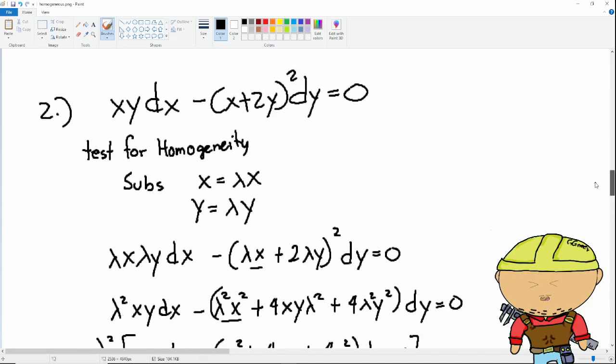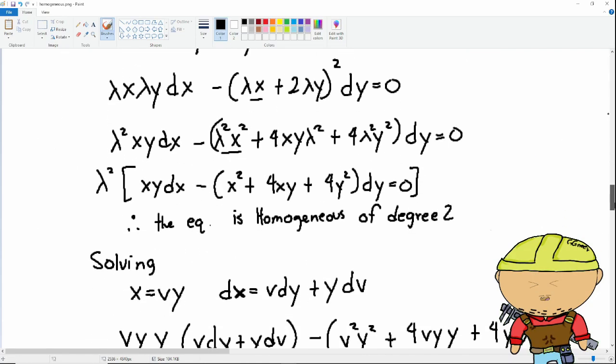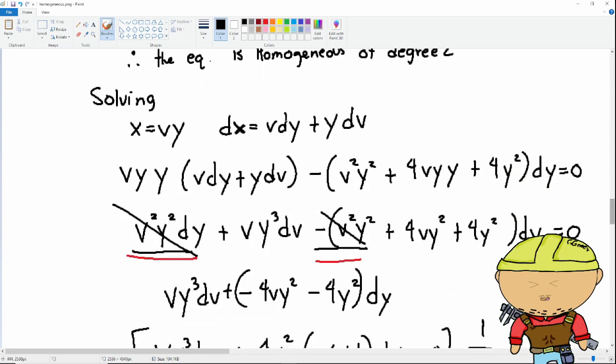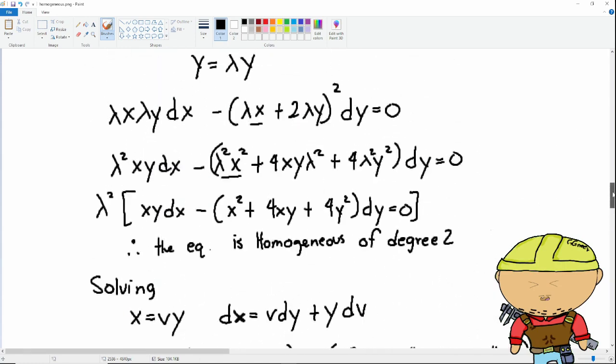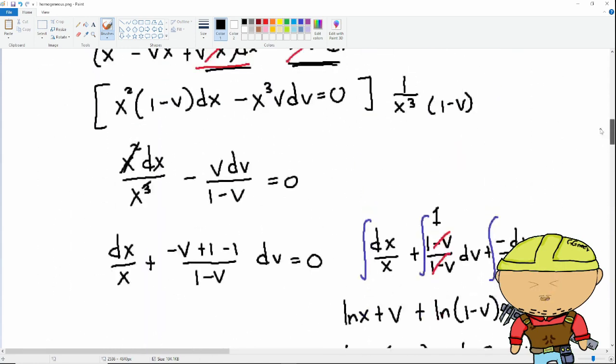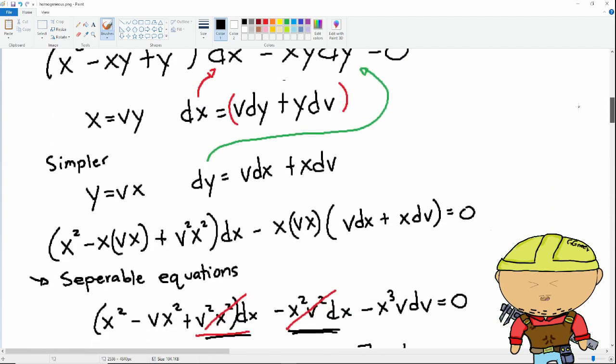And again, for homogeneous equation, we test for homogeneity: x equals lambda x, y equals lambda y, and in solving, we substitute x equals vy, or y is equal to vx. Okay, on the number 1 problem, we substituted y is equal to vx because it is simpler. Which is simpler, you substitute depending on the equation.